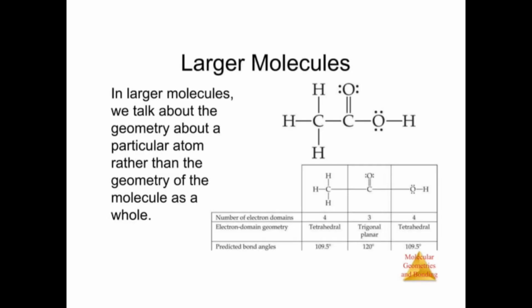From the electron domain, you have a lone pair and an atom combined together, so it's going to be trigonal planar, which is 120 degrees. And then you have two lone pairs again with a hydrogen and an oxygen atom, so you are going to have a tetrahedral arrangement here, which is 109.5.